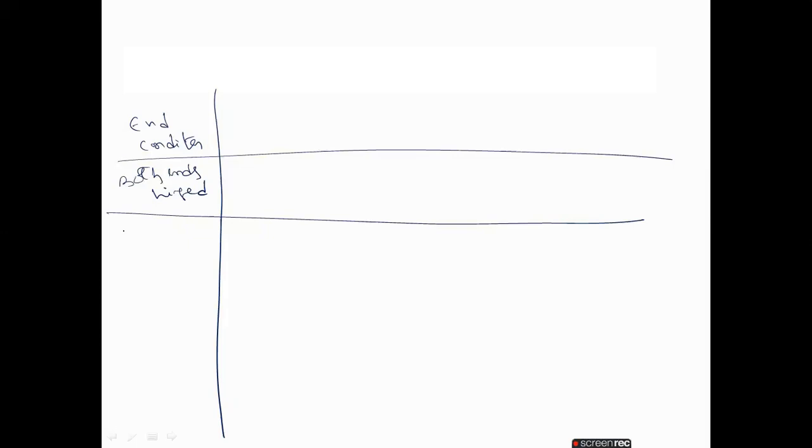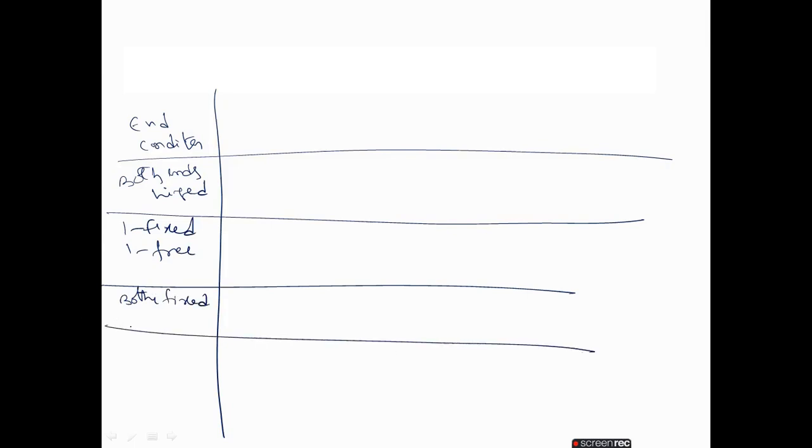The second condition is one end fixed and the other end free. The third condition is both ends fixed. The fourth one is one end fixed and the other hinged. These are the end conditions.